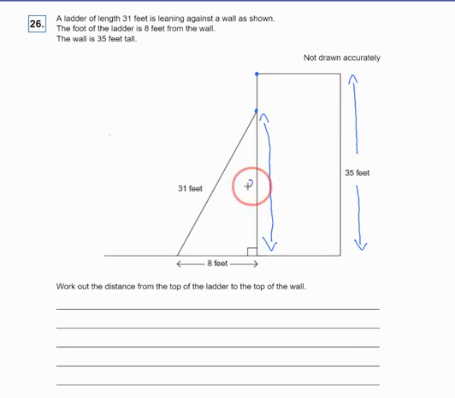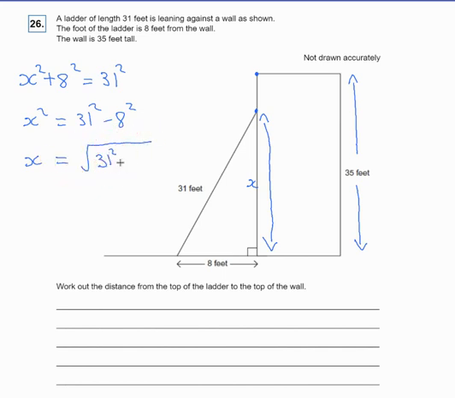So let's call this distance x. And using Pythagoras' theorem, we have x squared plus 8 squared equals 31 squared. So x squared is equal to 31 squared minus 8 squared. And then x is equal to the square root of 31 squared minus 8 squared.